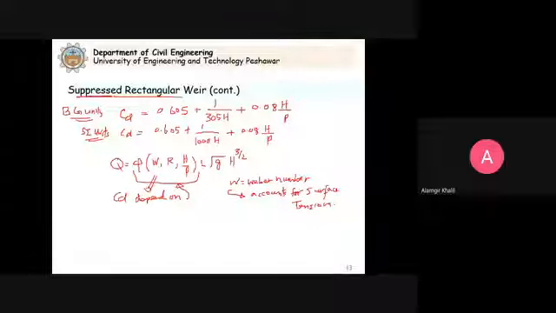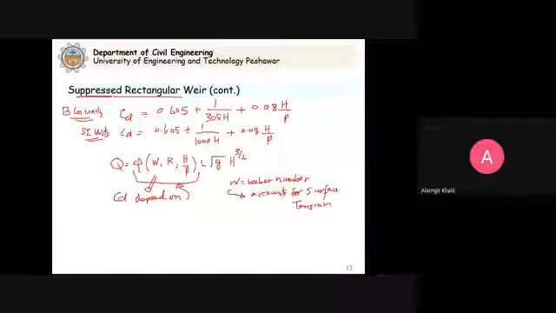Clear? So now capillarity is accounted for by this second term in the equation, while the velocity of approach, which is assumed to be uniform, is responsible for this last term. Clear?